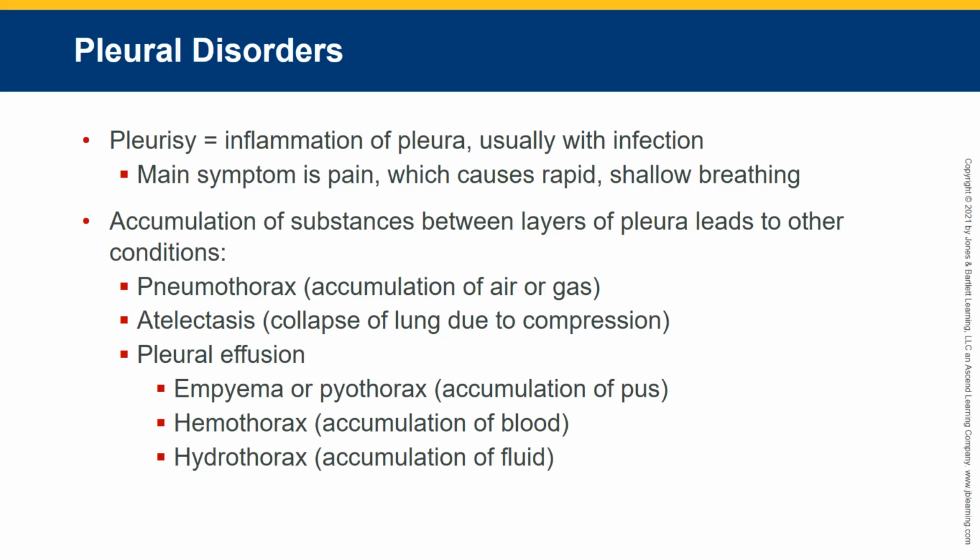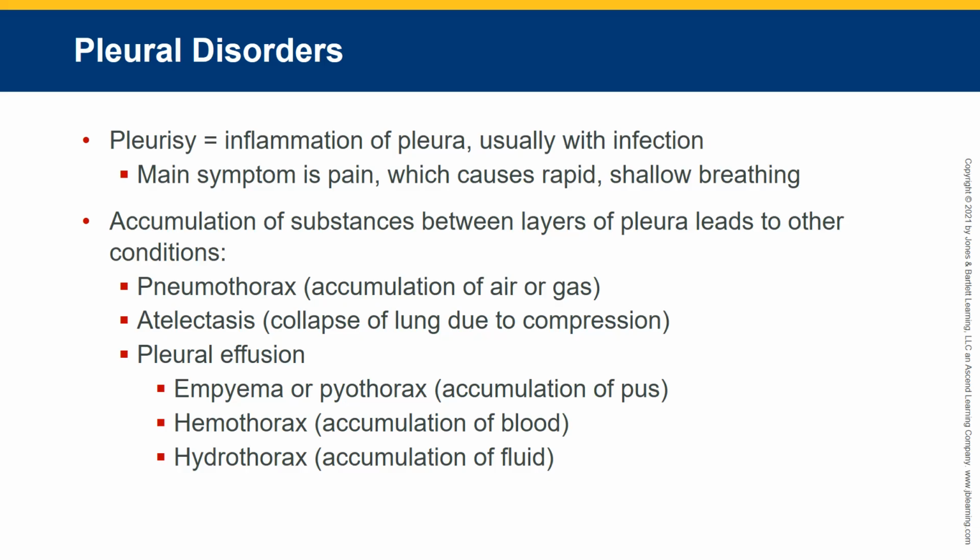And so we get stuff accumulating between the layers of the pleura, the visceral and parietal layers, from the infection. There's a couple of them that we see. Pneumothorax is an accumulation of air and gas in between.